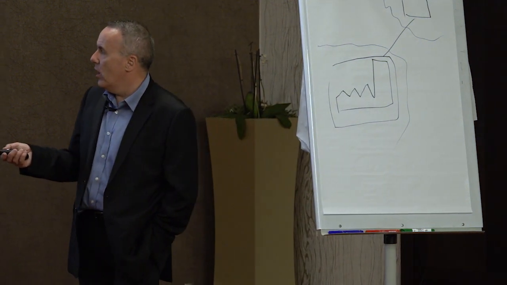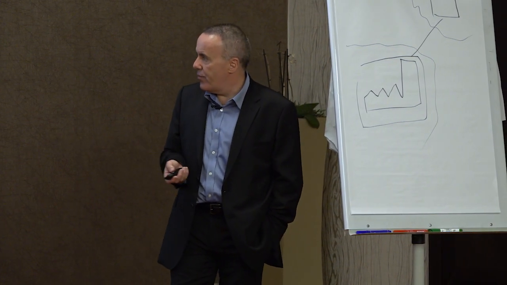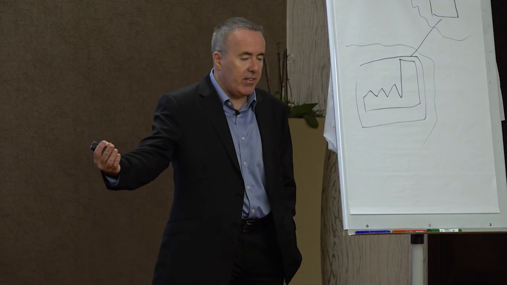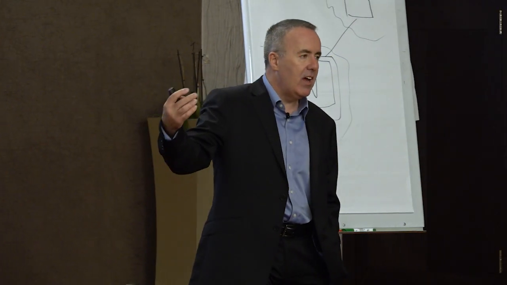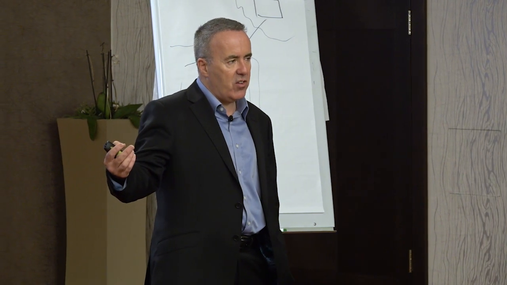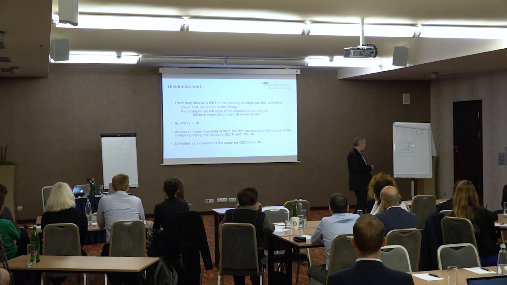And the normal OECD model is that there should be a lower threshold for withholding tax where you've got a larger participation in the company. It's normally talked about as being a participation exemption, and that can vary from country to country. It might be that where you own more than 10% of the shares, where this company owns more than 10% of the shares in that, there should be a participation exemption.